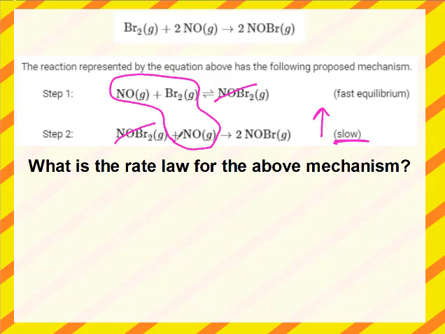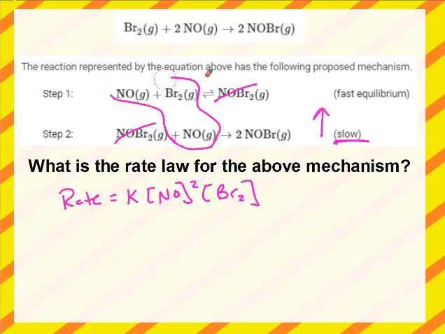So I'm going to look at both reactants that I have left because my slow step was the second step. So rate is equal to K NO squared and then Br2 like so. So that's my rate law. That works most of the time. There's a few instances where it wouldn't. If it didn't, you would have to do it this other way.